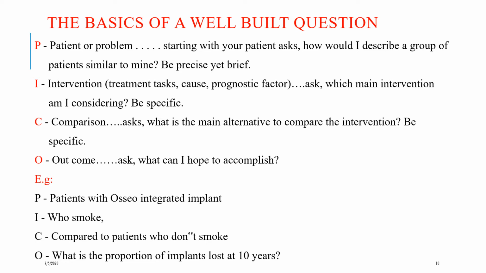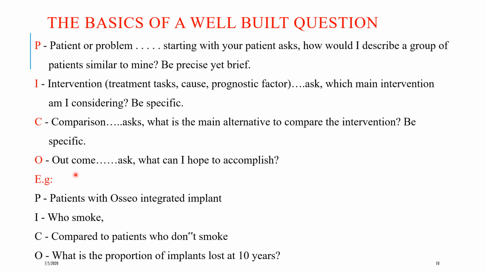Ask which main intervention I am considering, and be specific. The third is C, which stands for comparison. Ask what is the main alternative to compare with the intervention, and be specific. Then the fourth is O, that is outcome. Ask what can I hope to accomplish, that is the outcome.